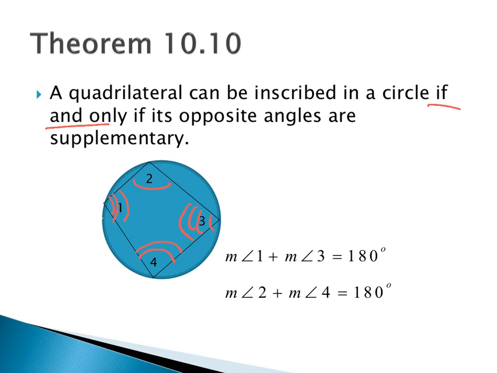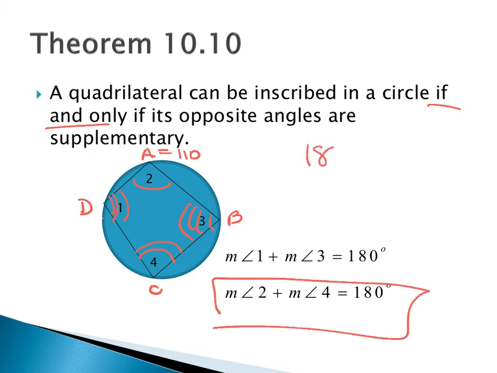What may happen is they might give you a question and say, quadrilateral ABCD is inscribed. Find the measure of angle 4. If you know that it's inscribed in the circle, and let's say they told you angle A was 110, then that should tell you that 2 plus 4 is 180.